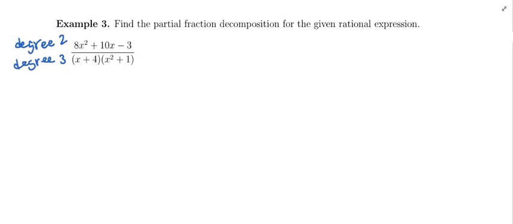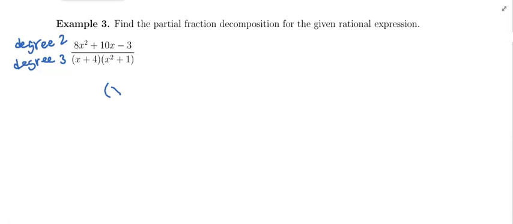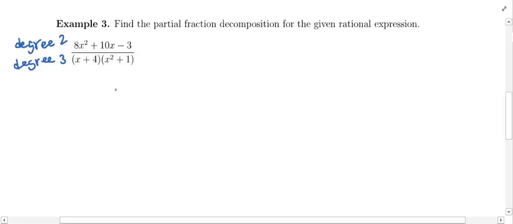The denominator is already factored for us. If you look at this, you could try to factor the x squared plus 1 further. So let's talk about that. If you have x squared plus 1, you might try to break this down, x squared factors into x and x, and 1 breaks down into 1 times 1.